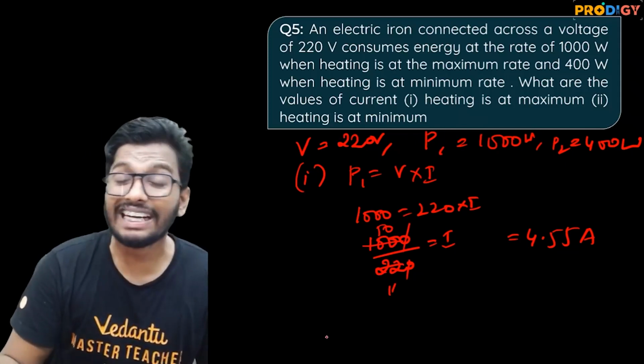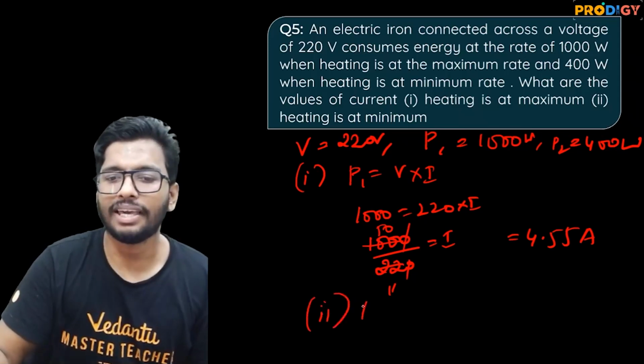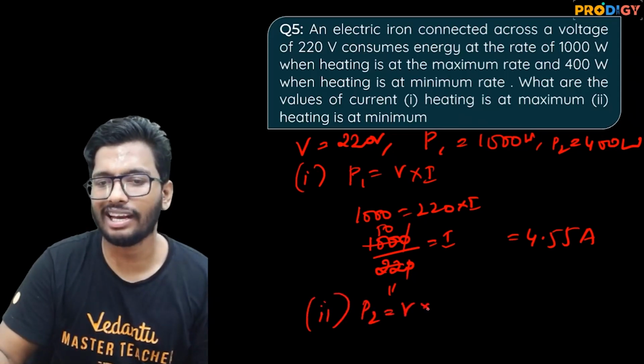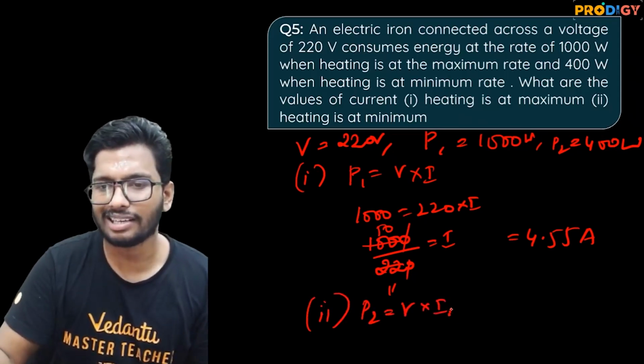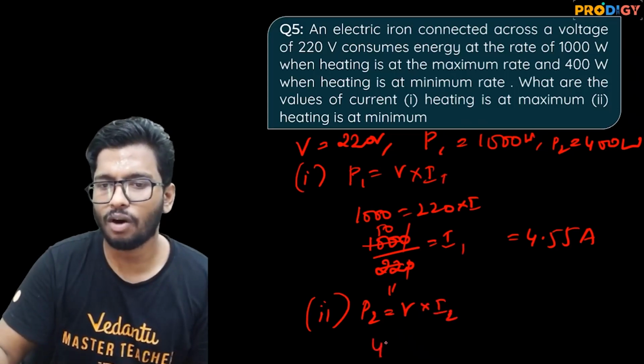When the heating is at minimum, what is the current flowing through? So once again, how do you do it? P2 is equal to V into I2, and this is I1. So P2 is 400, which is equal to 220 into I2.